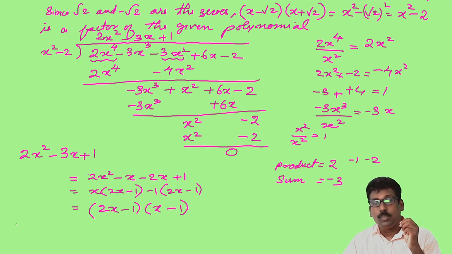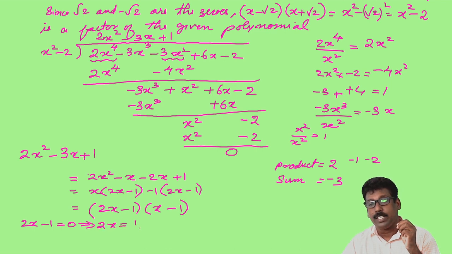Now 2x minus 1 is equal to 0 implies, what is 2x? You will get 1, which implies x is 1 divided by 2. Now x minus 1 is equal to 0 implies x is equal to 1.